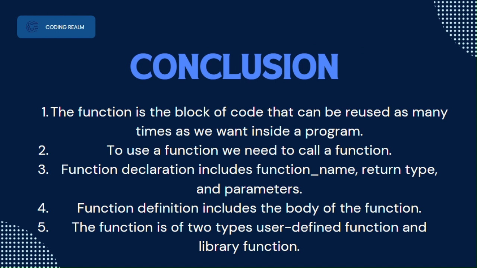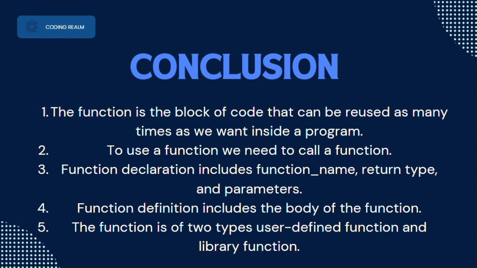Now, finally, a function is a block of code that can be used as many times as we want inside a program. To use a function, we need to call it. The function declaration includes the function name, return type, and parameters.